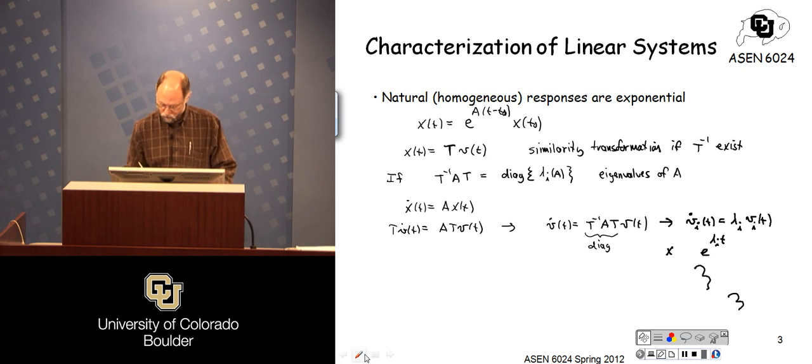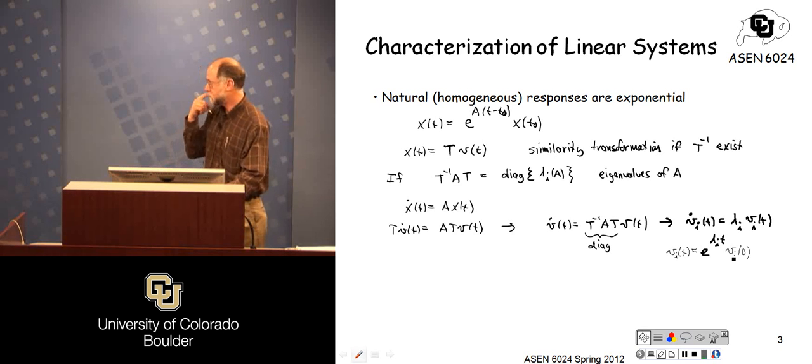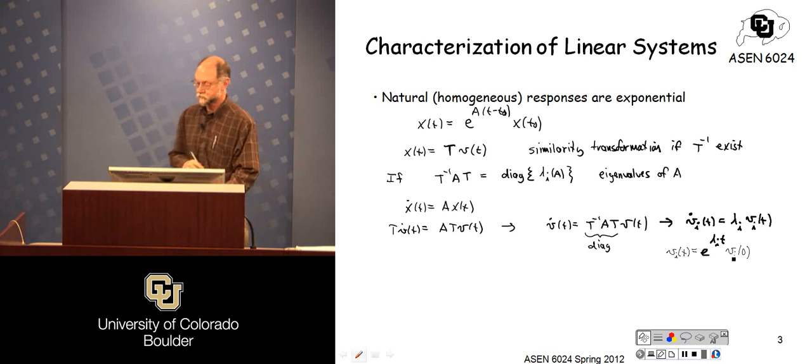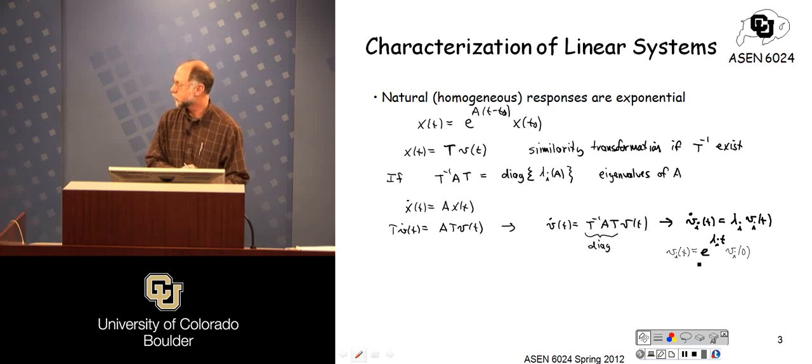So vi of t is e to lambda i t vi of 0. Okay, so in this simplified form, in these new coordinates, the states are all independent, right? And they evolve really simply according to this simple exponential function form.